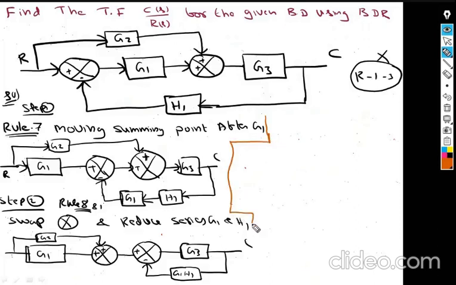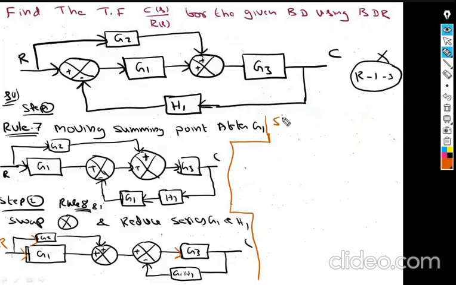G1 and G2: the signal is coming from the input side, and this signal is also coming from the input side. So both are in parallel. And these two are in feedback.